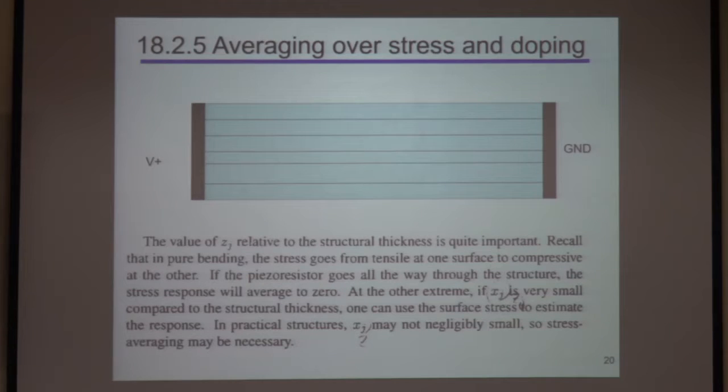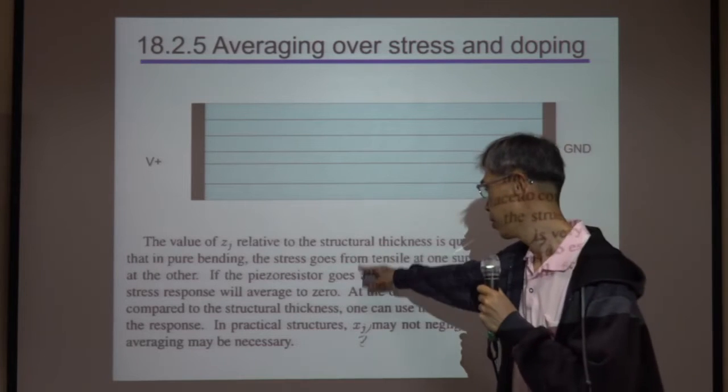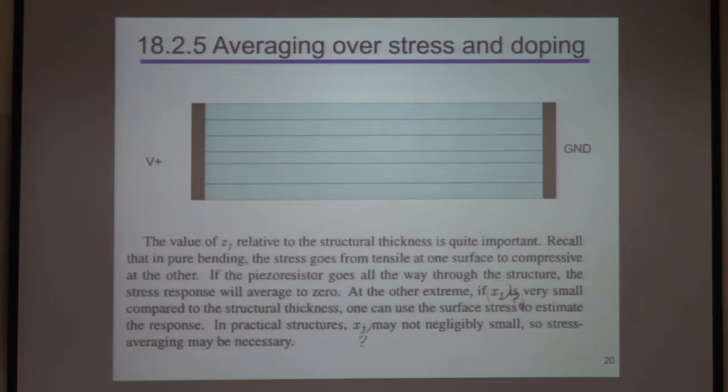Kyler, could you read this? "The value of Zj relative to the structure thickness is quite important. Recall that in pure bending, the stress goes from tensile at one surface to compressive at the other.